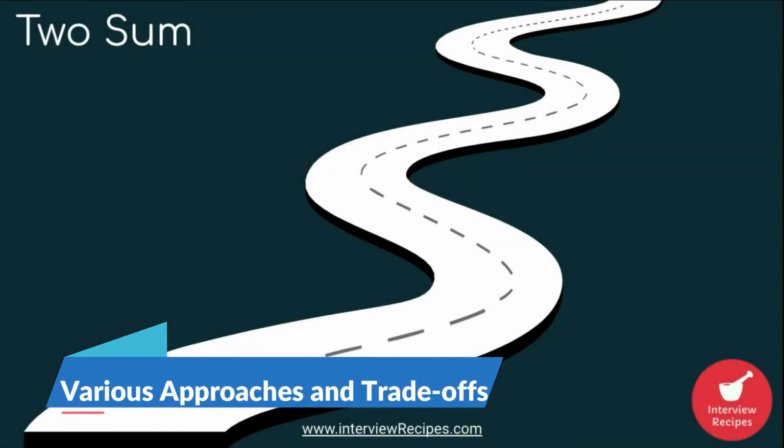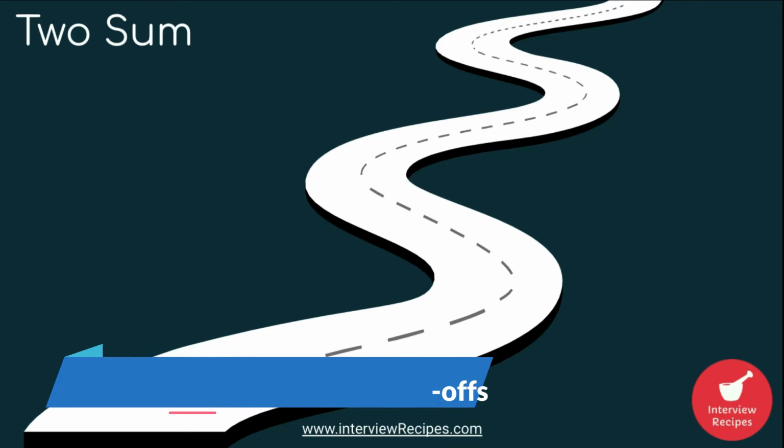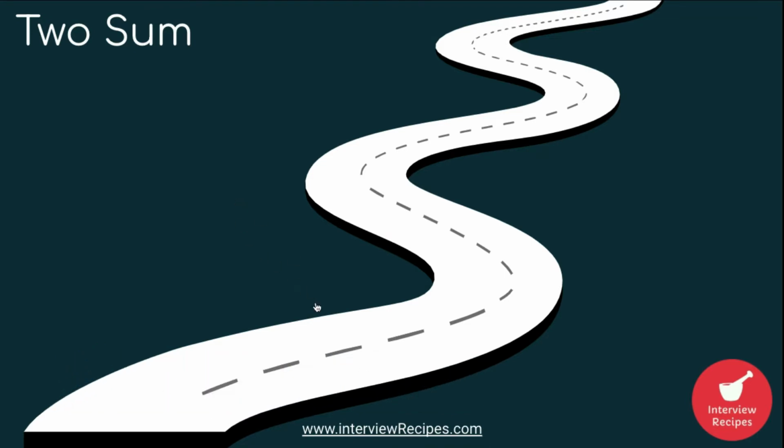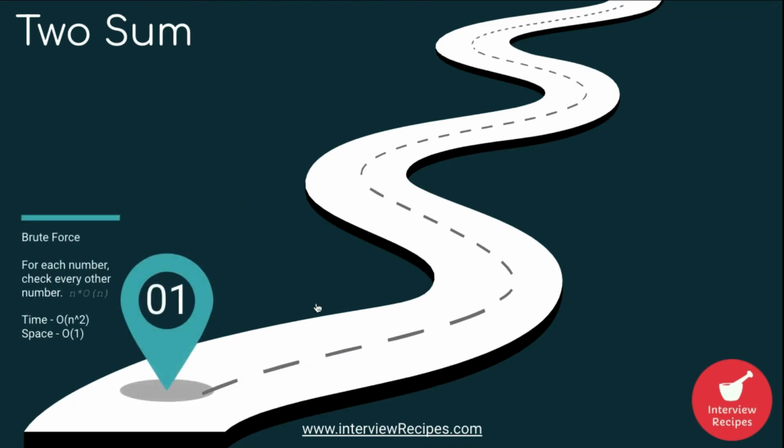Let's discuss what we already know about the problem from our previous video. In the previous video, we looked at the brute force solution where for each number, we checked every other number and saw whether that pair adds up to the target. Hence, the time complexity of that solution was O(n^2) and it didn't need any extra space.